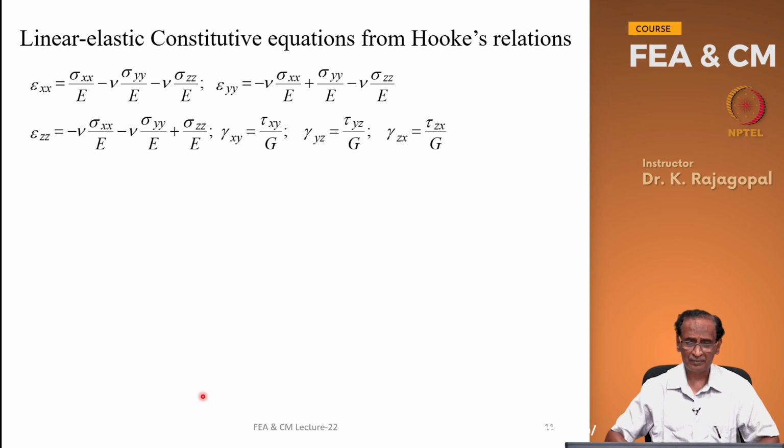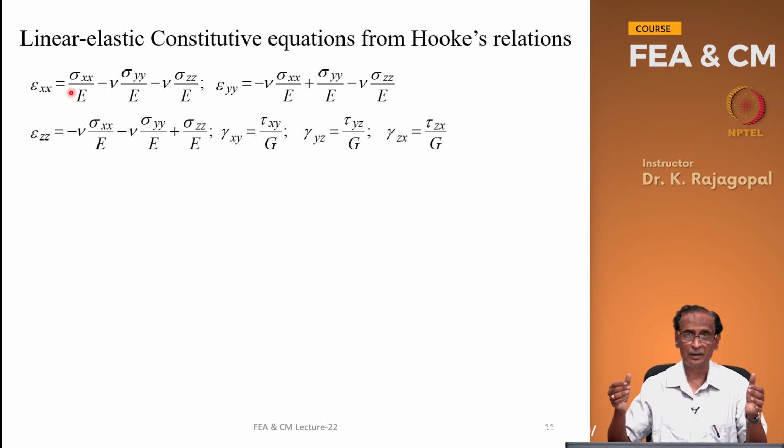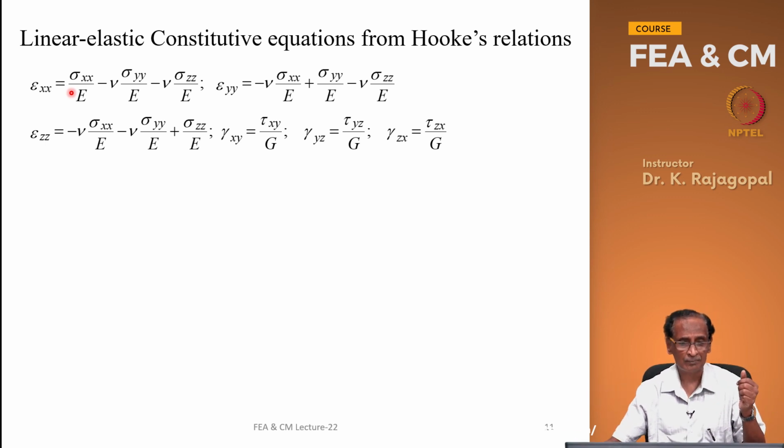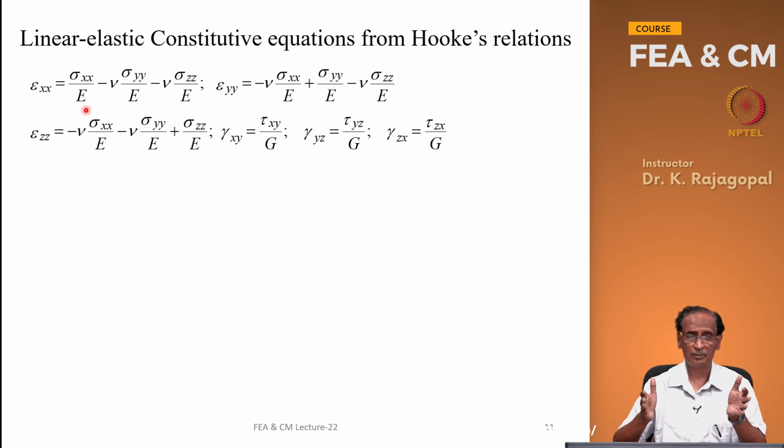And so, these linear elastic constitutive equations we have seen earlier, these are the generalized Hooke's relations relating the different strain components to the stress components. The three normal strains epsilon xx, epsilon yy and epsilon zz are related to the normal stresses sigma x, sigma y and sigma z, and the Poisson's ratio mu.